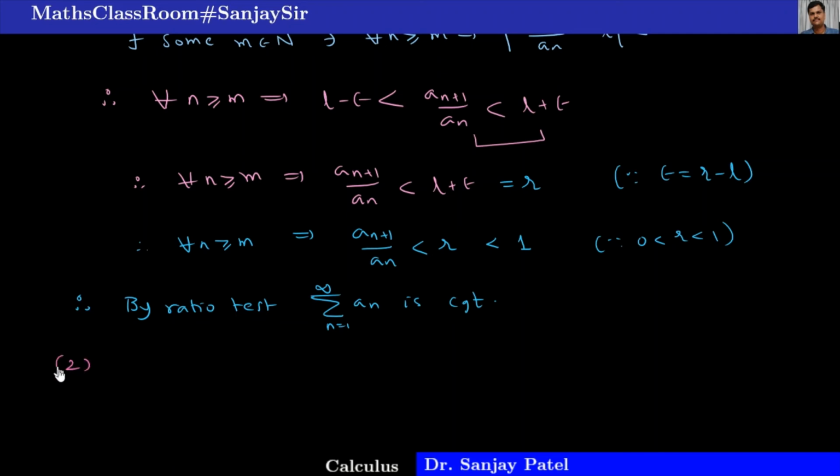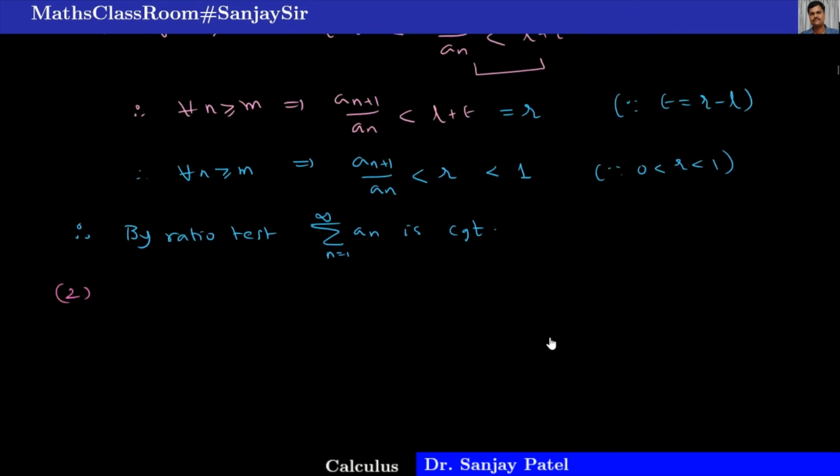In the second part, what we are given is L is greater than 1. So suppose the limit L is greater than 1. Therefore, you can say L minus 1 is positive.